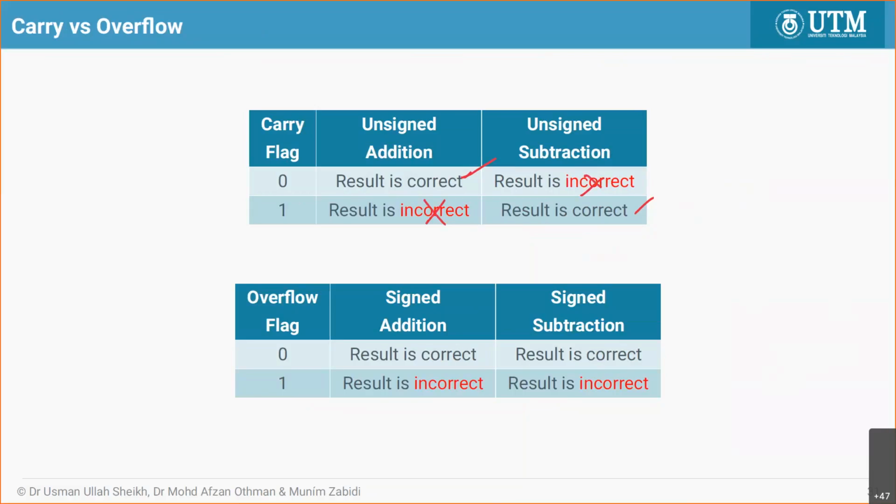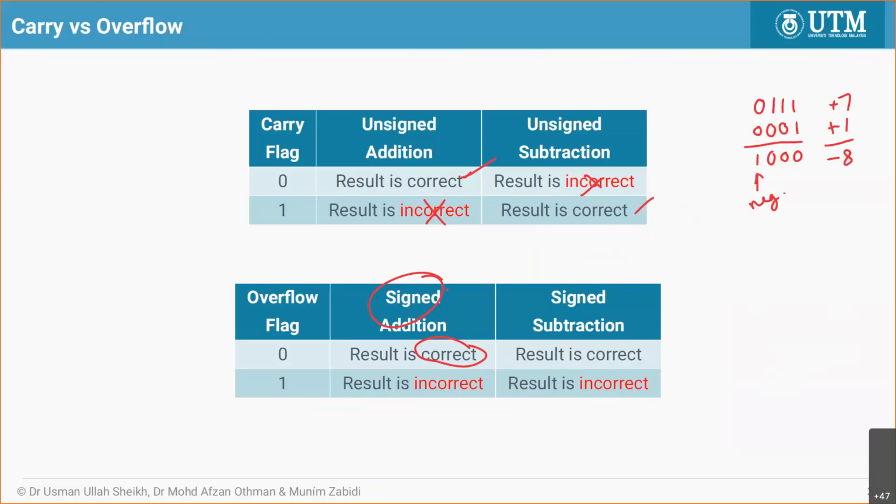For overflow, if the overflow is 0, that means the result is correct. What do we mean by the result is correct for signed numbers? For example, I have the number 7 and I add 1 in 4 bits. I will get 8, so 7 plus 1 gives minus 8, because in signed numbers, a 1 here means negative.